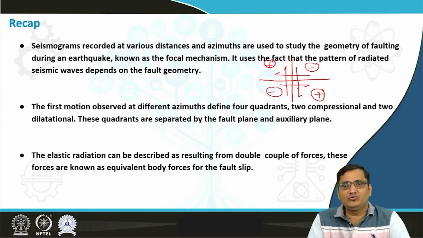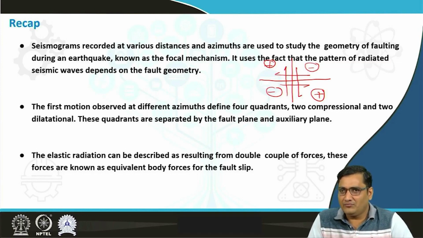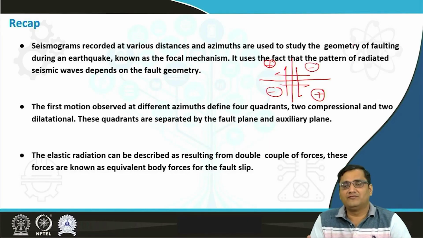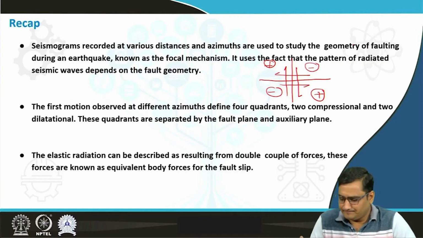So in case you do not have any information about the fault, then you may not be able to identify from the first motion which plane is the fault plane and which one is the auxiliary plane. For this purpose, as I said, you need additional information, which may come from the pattern of the aftershocks, from the geology, or from the geodetic data.